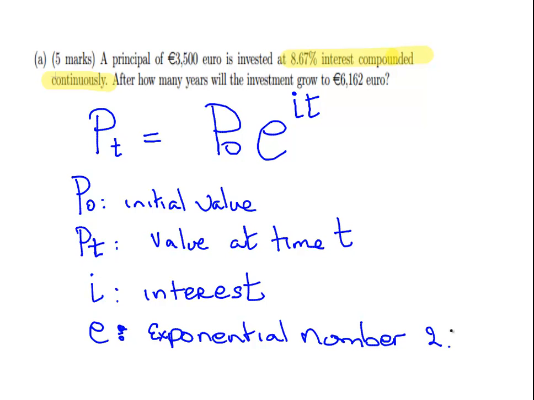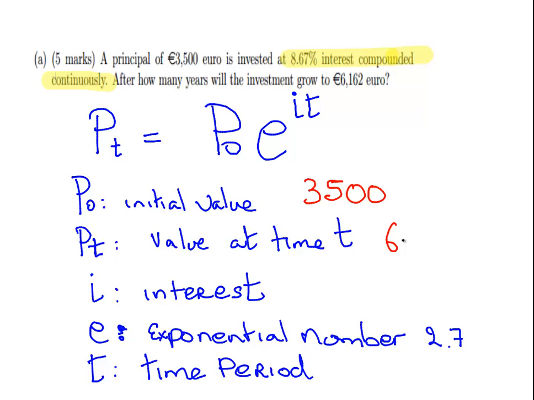Which is about 2.71 approximately. And finally t is the time period elapsed, how long the investment has been accumulating interest. So here are all the values. P0 is 3,500.